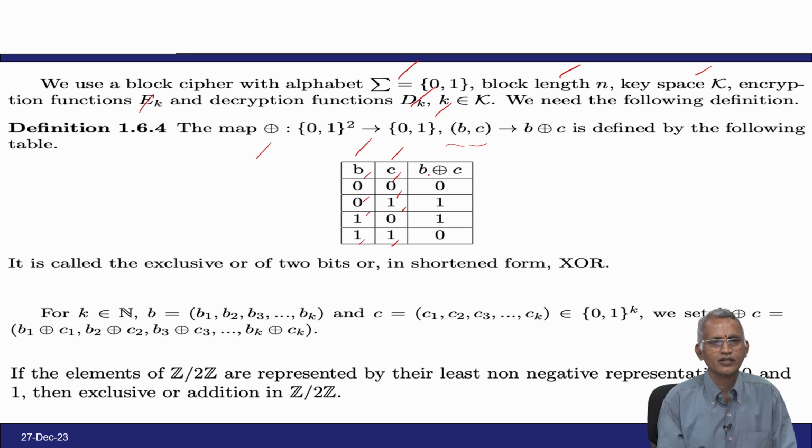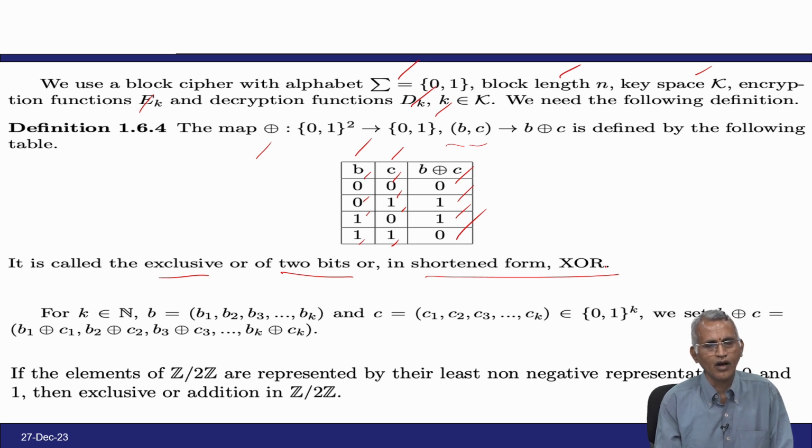Now, b XOR c means 0 plus 0 is 0, 0 plus 1 is 1, 1 plus 0 is 1, 1 plus 1 is 2, which under modulo 2 is 0. So, it is called exclusive or of 2 bits, or the shortened form XOR. Remember once again, it is exclusive or of 2 bits, or the shortened form XOR.